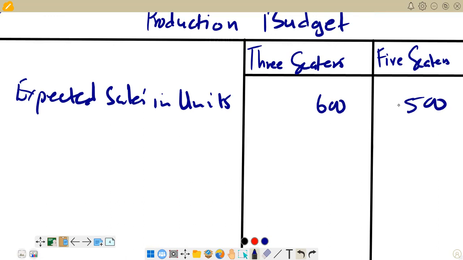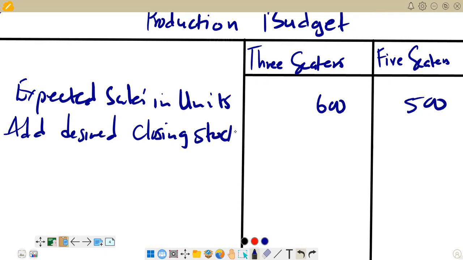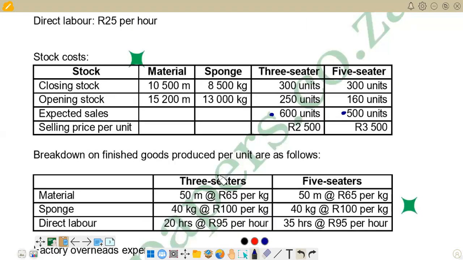Remember, we are saying sales plus closing stock. Then we add desired closing stock. For closing stock, we go and check what we have in terms of our closing stock. We are given it here, and we can see that we have 300 units for 3-seater and 300 units again for 5-seater.